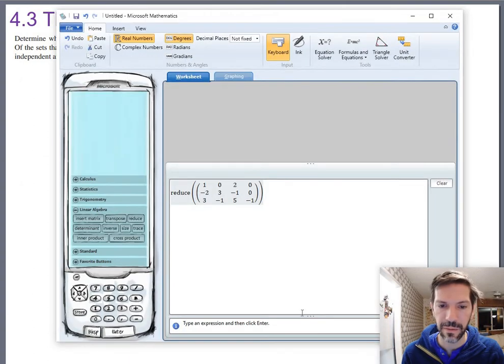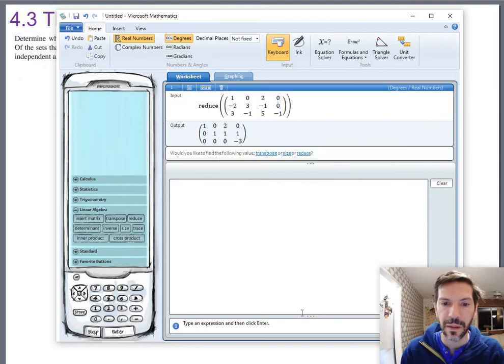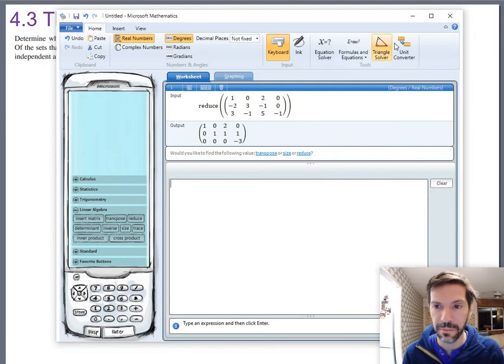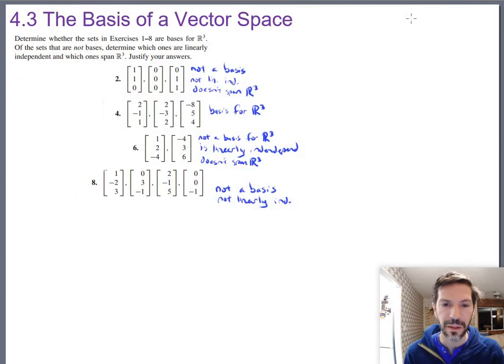There we've got the row reduction, and there are indeed 3 pivots in the first column, the second column, and the fourth column. So it does span R3. They didn't ask for it here, but the first, second, and fourth columns would be necessary to span R3. It's that third column that happens to be linearly dependent.